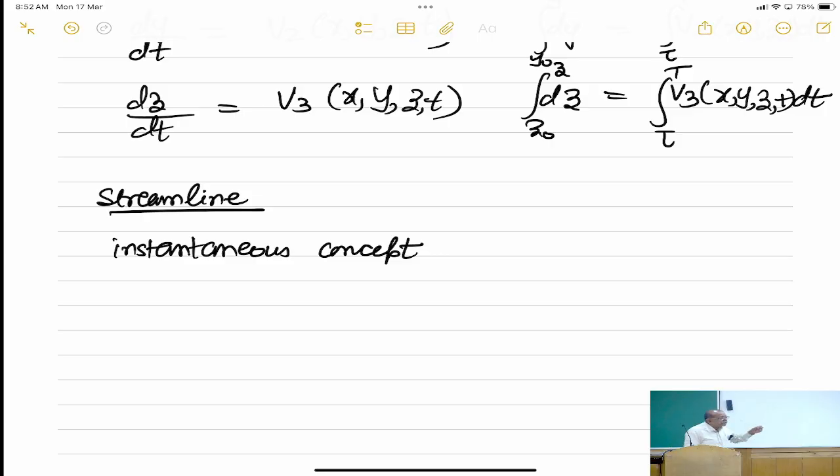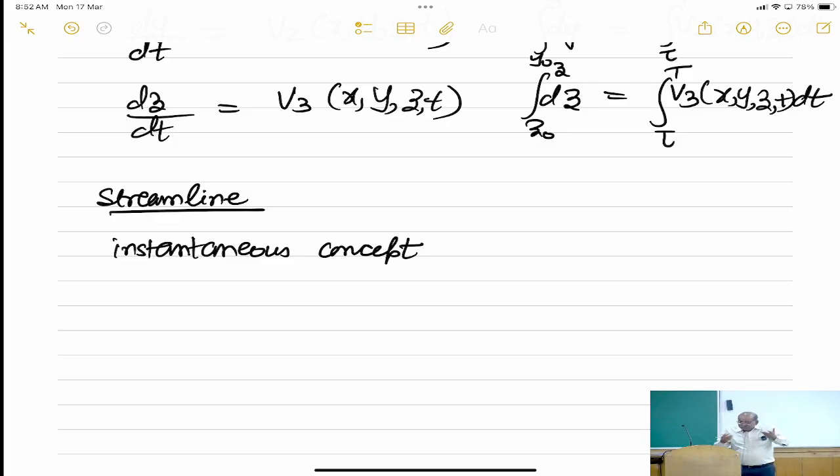Actually, streamline is a much maligned term in the sense that, at least in all your high school physics books, you look at flows and it says it's a streamlined flow. Have you heard this term? Well, it is a wrong term. Every flow has a streamline. But when we call it streamlined flow, what they are probably trying to say is that the streamlines are smooth, they are not changing.